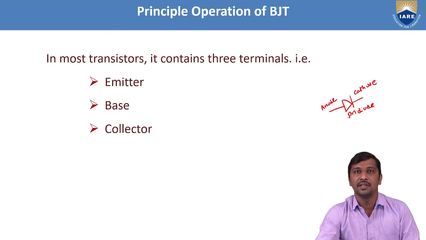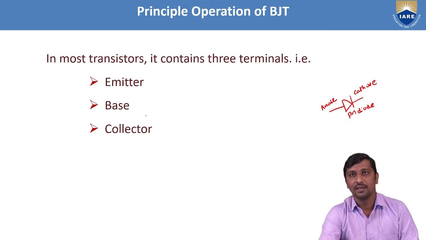In a PN diode, P-type and N-type materials are doped the same, but in the bipolar junction transistor, doping levels are different in each terminal.